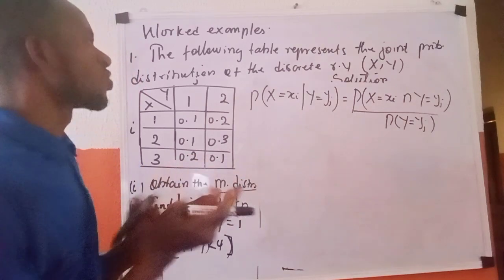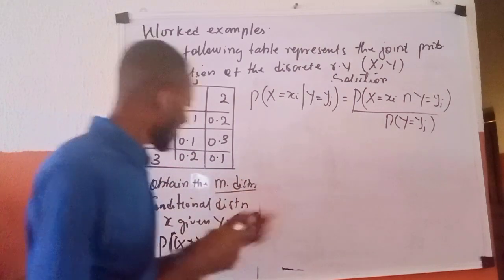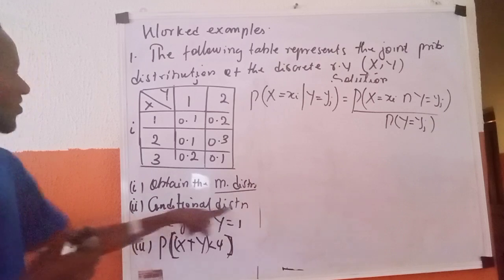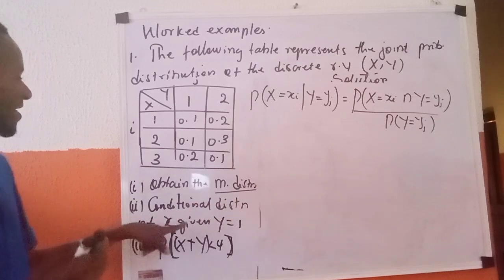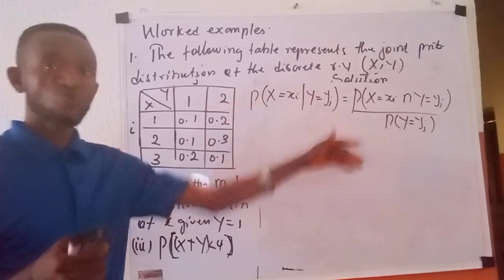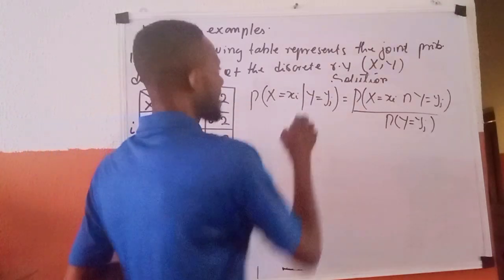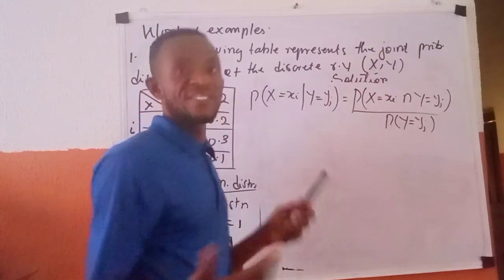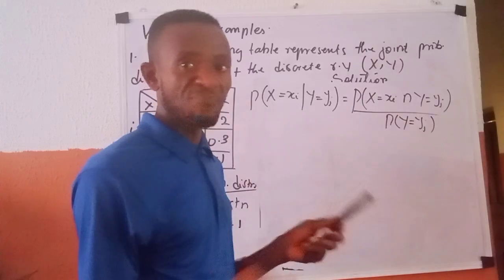Now, this time around, they ask us to find the conditional distribution of X, given that Y equals 1. So they are specific, Y equals 1. In that case, anywhere you see Yj here, it takes up a value of 1.